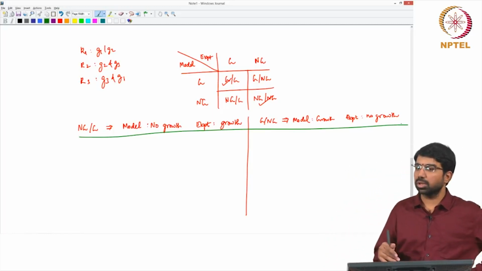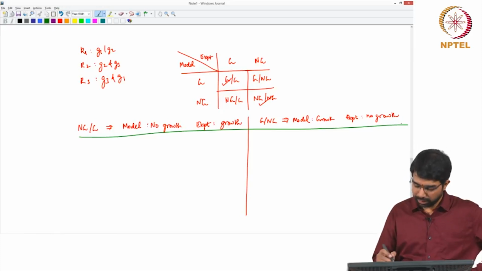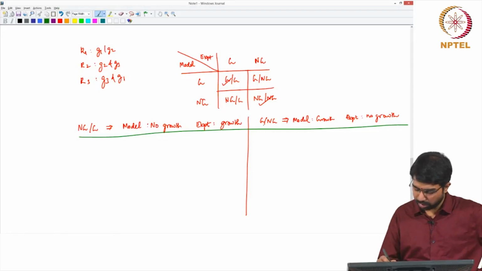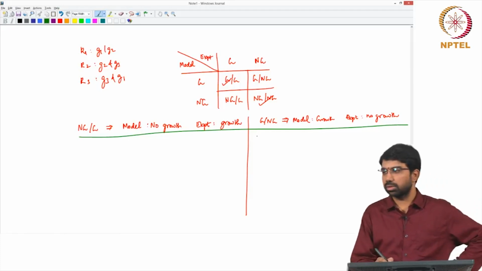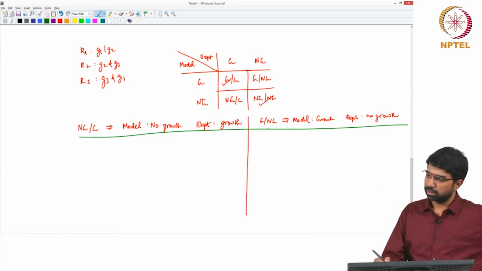Some common reasons could be missing data in the model, the objective function and so on, but beyond that, what else could be the reasons? When would your model show growth but the experiment show no growth? There can be genetic differences between the strain we are working on and the model.